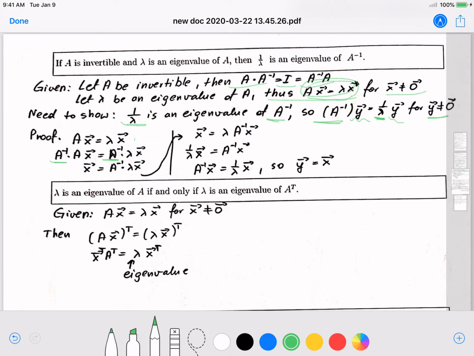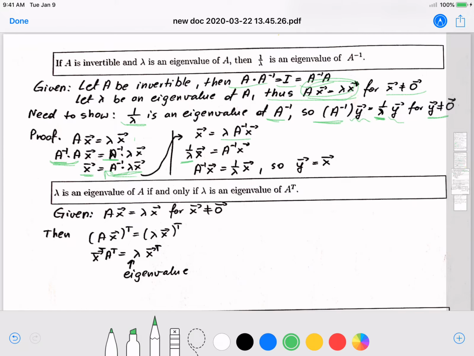By definition, A inverse times A is identity. Identity times x is just x. And on this side, lambda is a number, so the number can go to the front. So lambda is in front. And then if I divide both sides by lambda, I'm getting 1 over lambda, and this would cancel out.